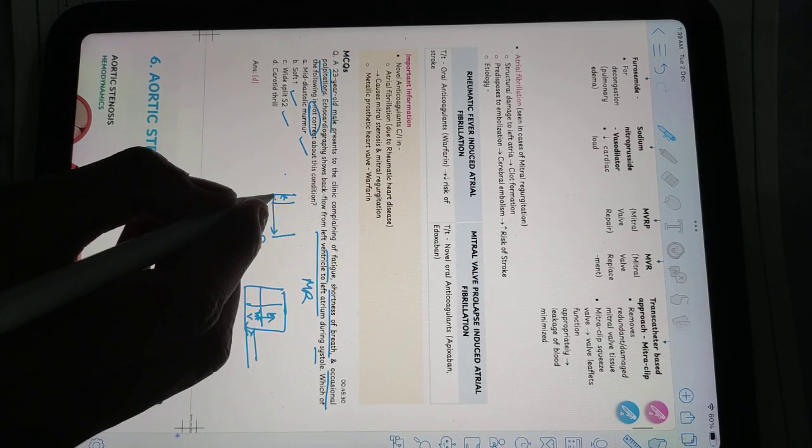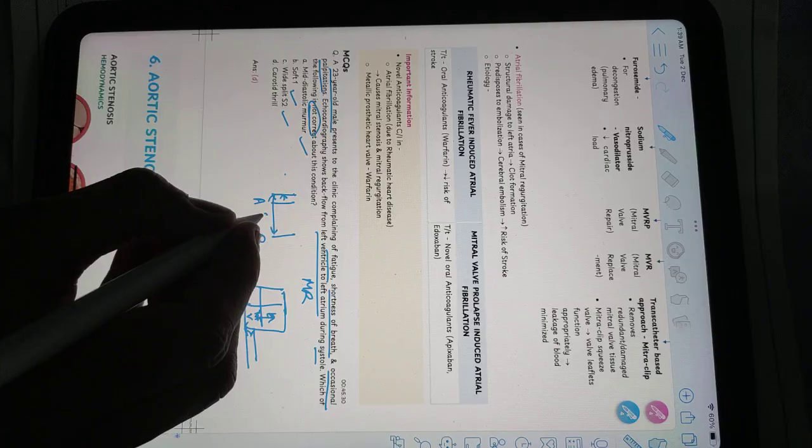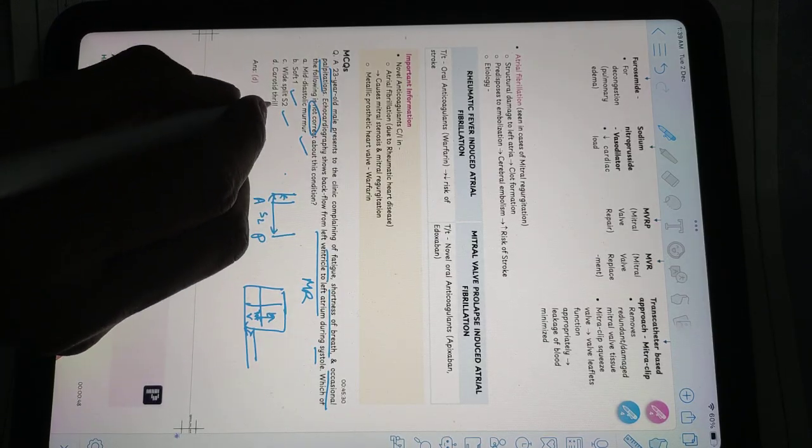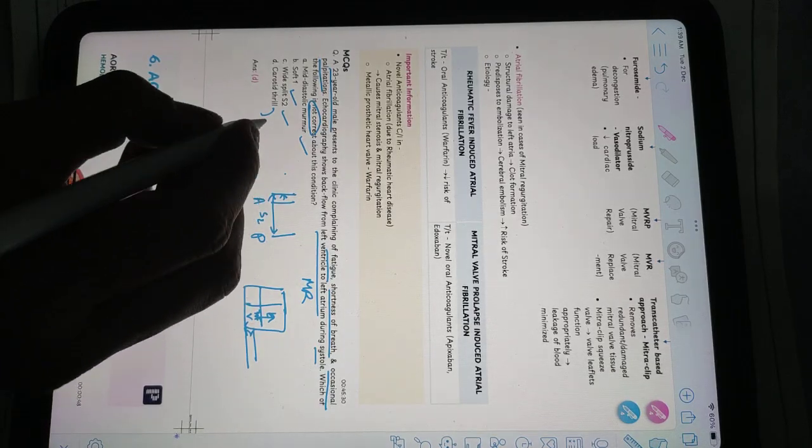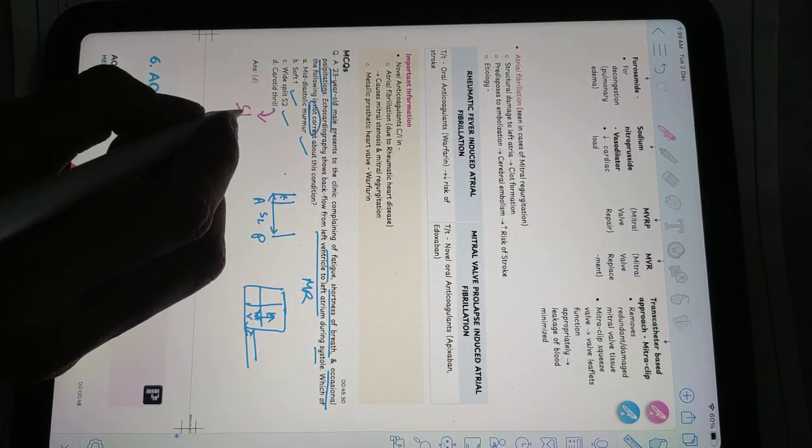So S2 gets wide. Carotid thrill happens only in stenosis.